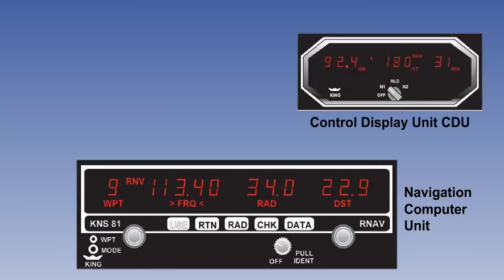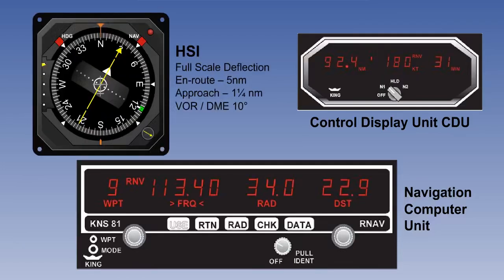It has a control display unit and an indicator in the form of an HSI. The deviation bar on the HSI will have a full-scale deflection of 5 nautical miles in en route mode, 1 1/4 nautical miles in approach mode, and 10 degrees in VOR DME mode.